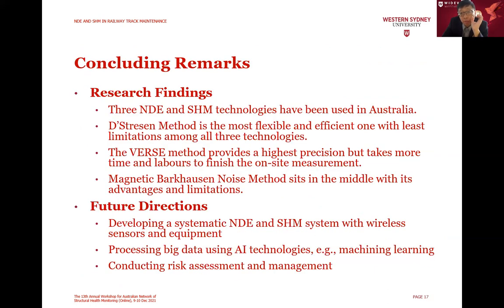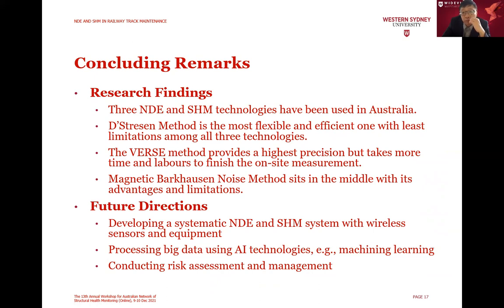So that comes to the end of my presentation, and I'll give the conclusions. For the research findings, we could say these three methods could be used in Australia, and of course have been used in Australia. The vibration method is the most flexible, efficient method with the least limitation among all three technologies.